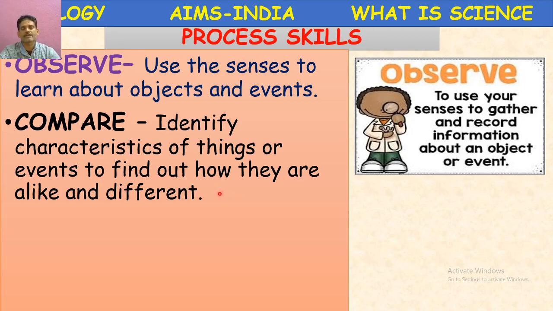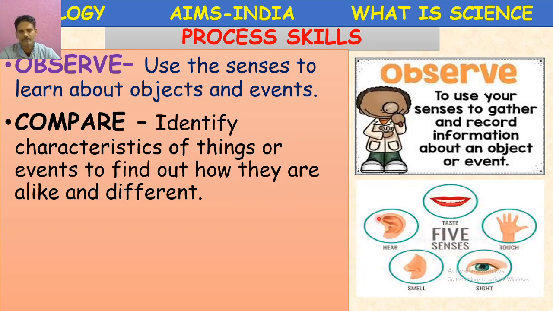The same object or event, if you see it from another angle or in another place, you will notice some differences. To find whether things are alike or different, the comparing skill is useful.